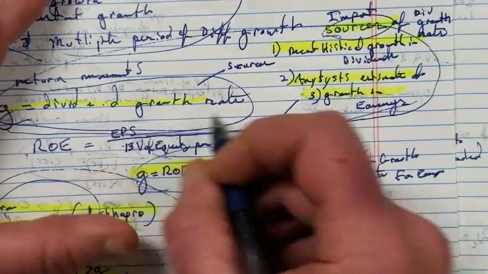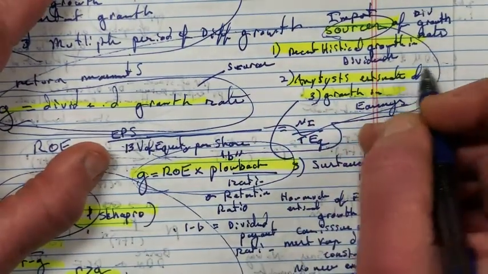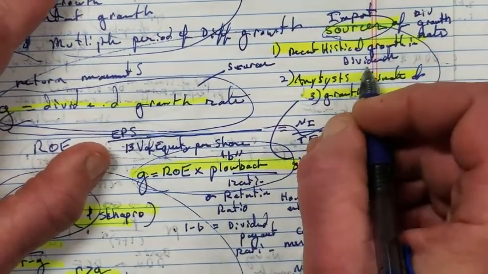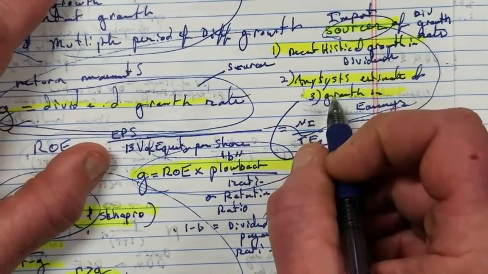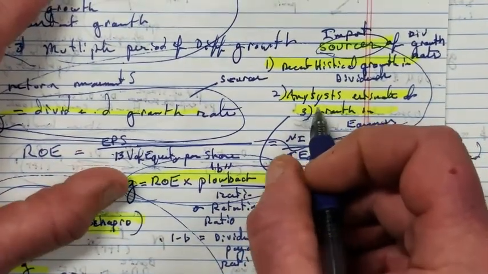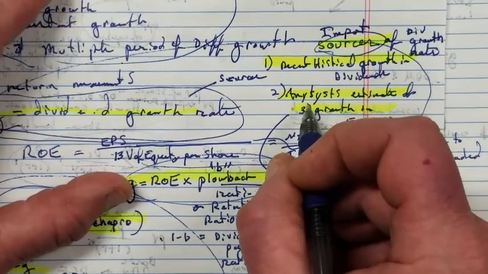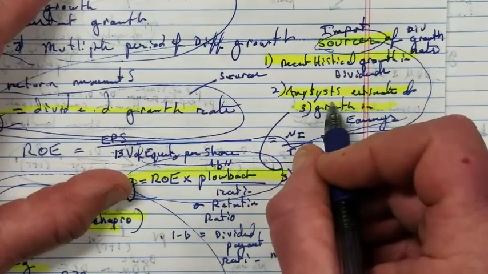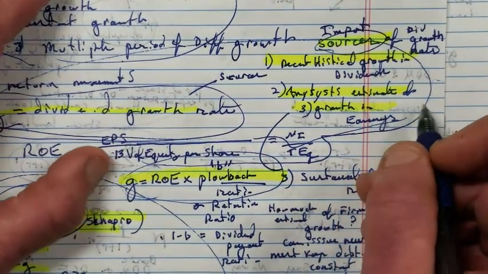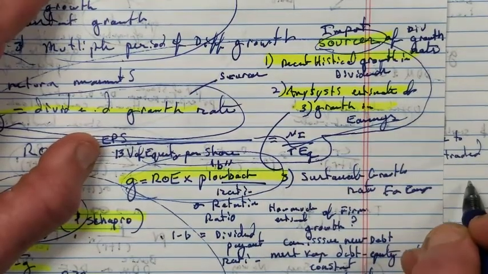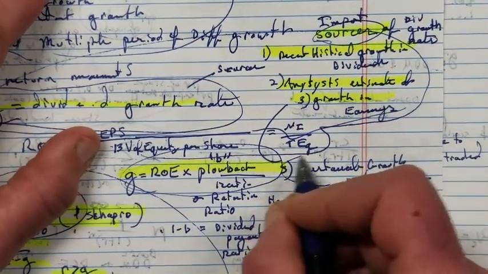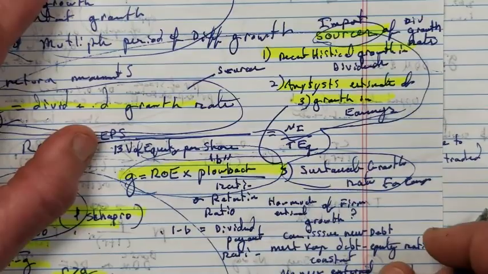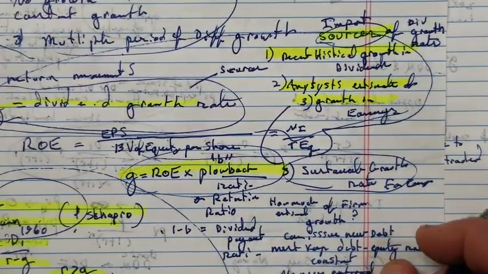In this case, we can look back to recent historical growth of dividends. We can look at, because I've had several people ask me this question in other classes, analysts' estimates of growth in earnings. And we can also get it from the sustainable growth rate for companies, okay?